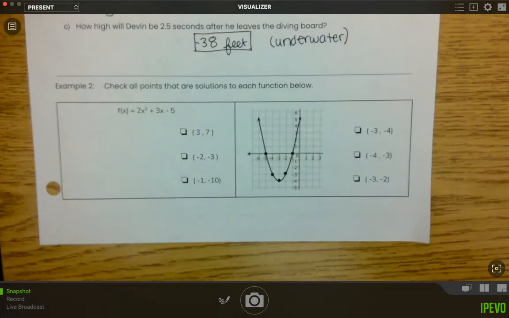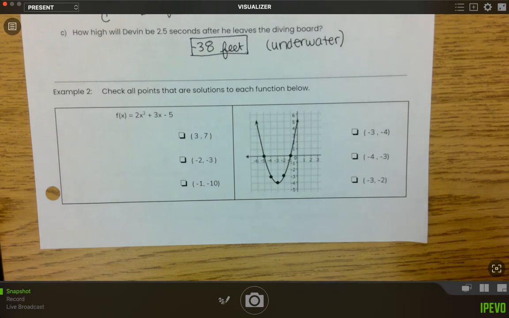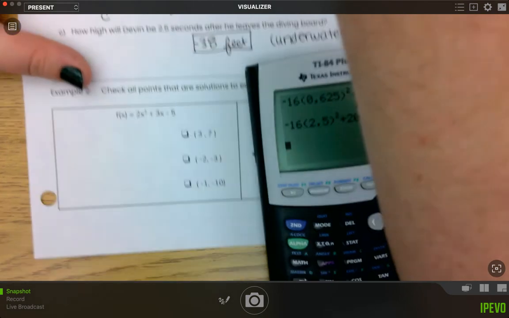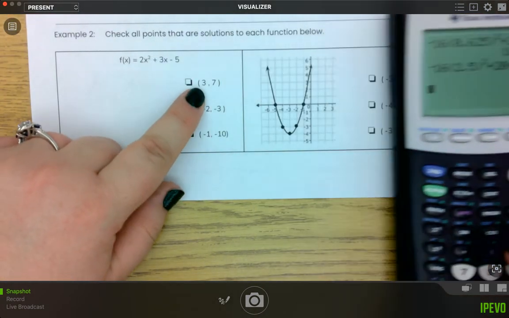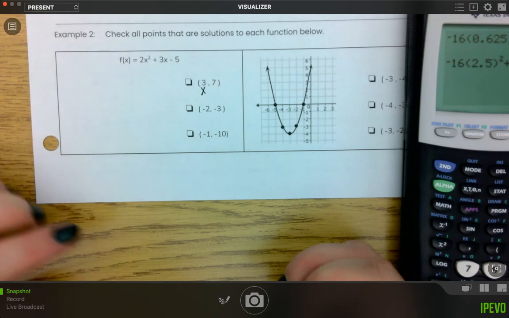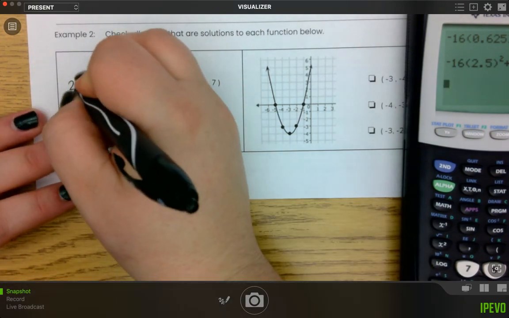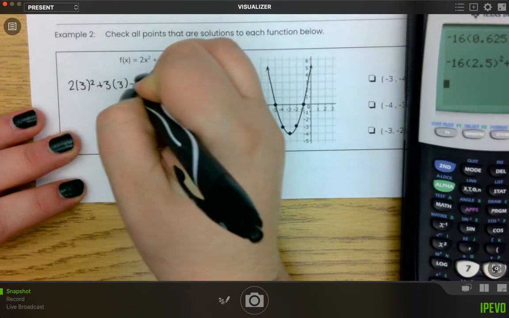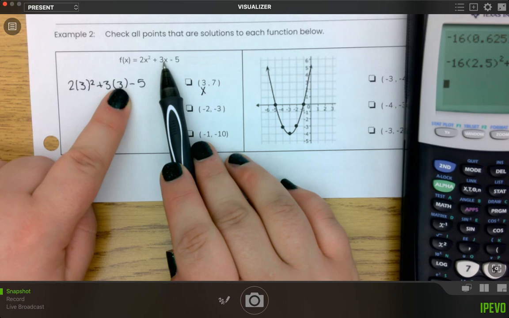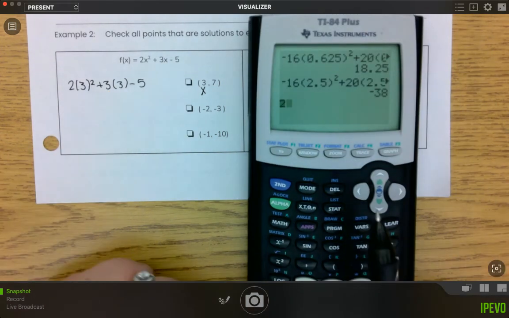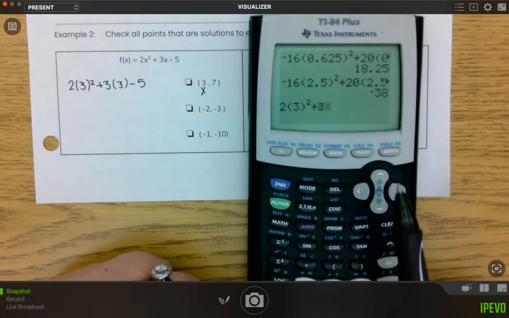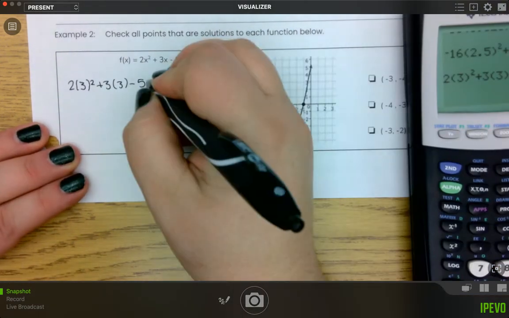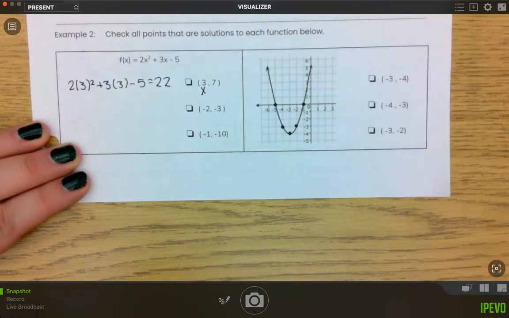Okay, and then I'm going to briefly go over this last part, but this is going to be a little bit more just something that you type in. So what you're going to do is take the x value and plug it into the equation. So I'm replacing these x's with 3. And then I'm going to type that into my calculator. That's 22. What you need to do is check.